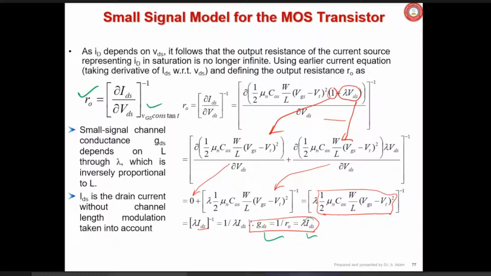Any doubt in this expression? Come on and tell me if any typographical error is there in this expression.